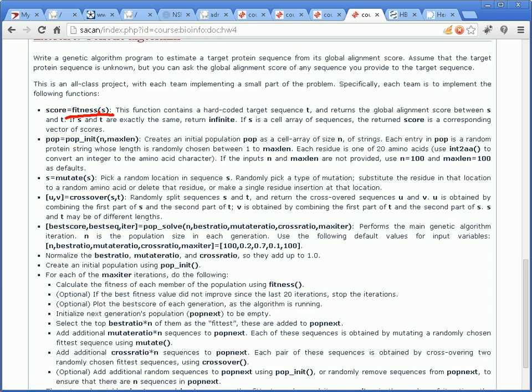But we are able to calculate its fitness value. We know how good a solution a sequence is, how close we are. And that's going to be by the global alignment score. If S and T are exactly the same, which is when we find the answer, the alignment score will be infinite.